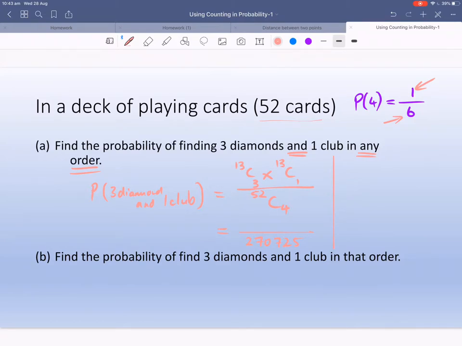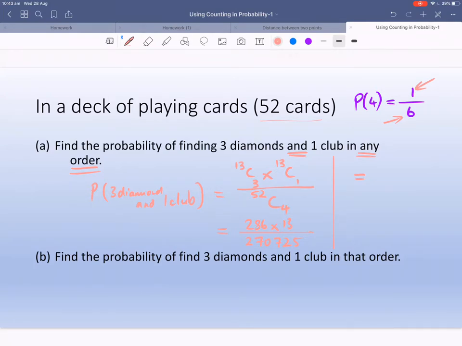Now, both of those have numbers, so we'll go 13 choose 3, so that's 286. And we're going to multiply by 13 choose 1, and that's just 13. All right, let's pop that in our calculator.